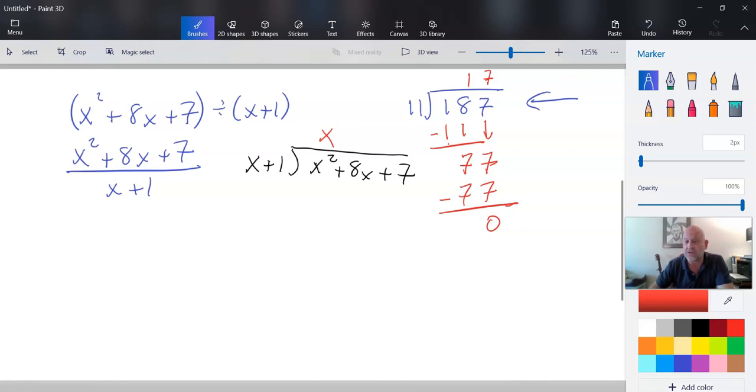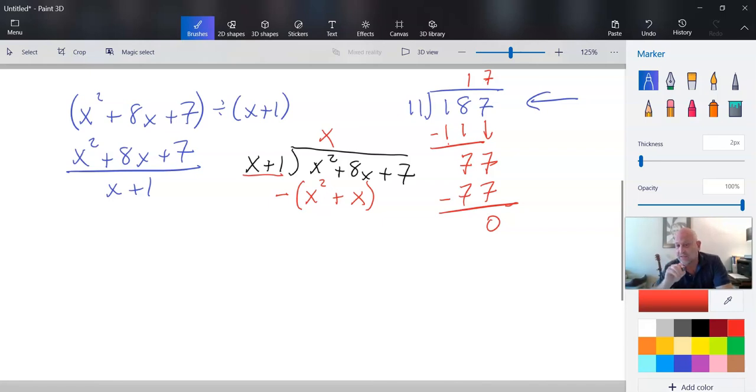Okay. Then I'm going to do the same thing I did before. I'm going to take this x and I'm going to multiply it by the entire x plus 1. So that gives me x squared plus x. Now, if you remember over here, we subtracted it. So really what we're doing is that.